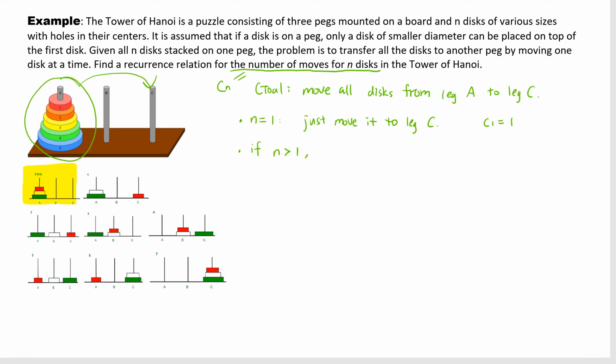And then if n is greater than 1, what do we do? Okay, first we want to move the top n-1 discs to leg B. Okay, and then we can move the bottom disc to leg C, right?